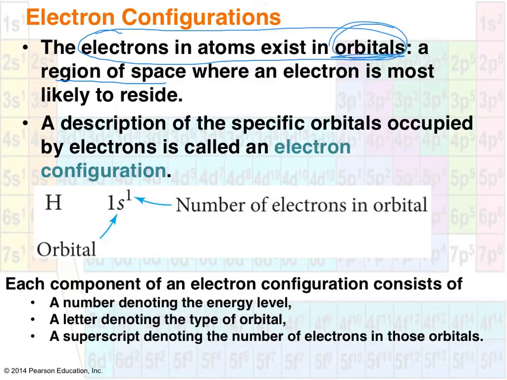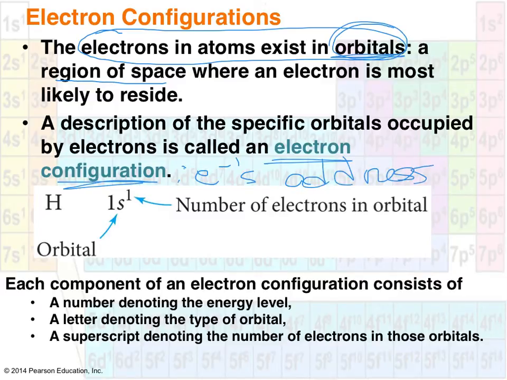And so we just have this area of space where we can probably find an electron. We have a notation we use to describe the orbitals that the electrons in an atom occupy, and the notation is electron configuration. It's really a way of saying what is an electron's address. With the 4 quantum numbers and this electron configuration, we can describe the location of an electron and its energy level.